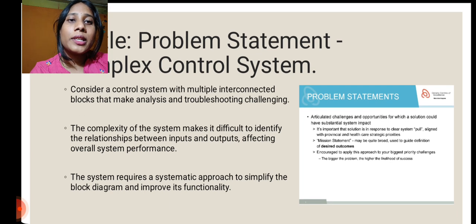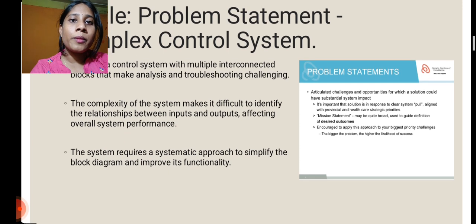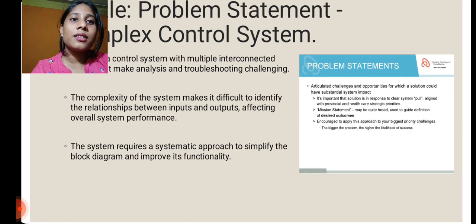This complexity makes it difficult to identify the relationship between input and output, which affects overall system performance. The system requires a systematic approach to simplify the block diagram and improve its functionality.